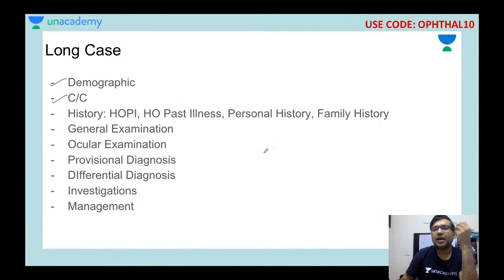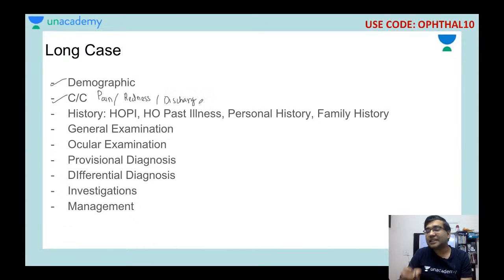Then you have to tell about the clinical complaints. In the clinical complaints, you would tell how the patient has come. The patient has come with pain, redness. How is the redness, is it diffuse redness or something like this? Then you would tell if the patient is having discharge. So these are the clinical features.